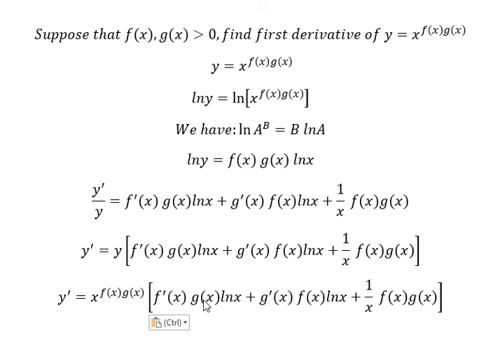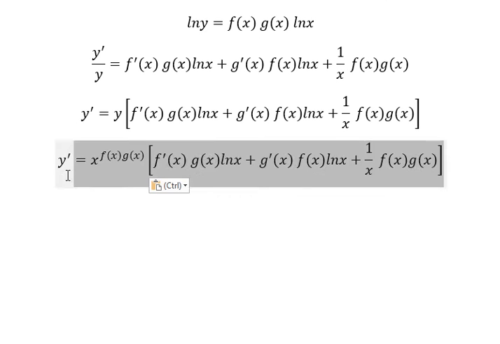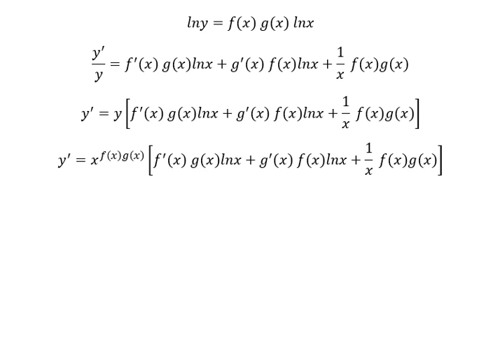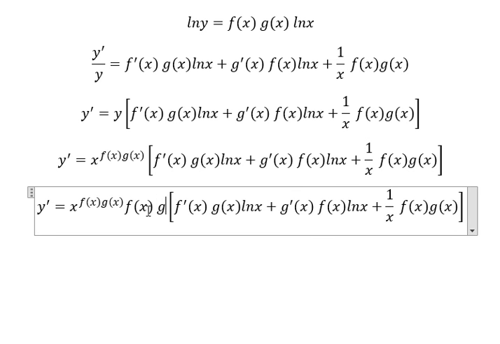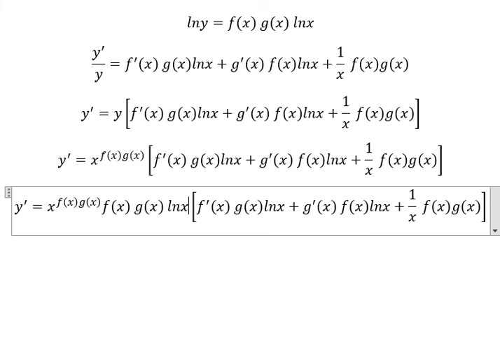So if we want to put g of s, ln s and f of s outside, we can write like this. Because we have f of s, but we need to divide by this one.